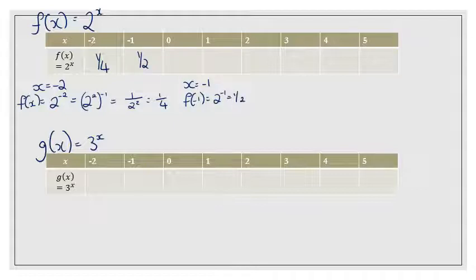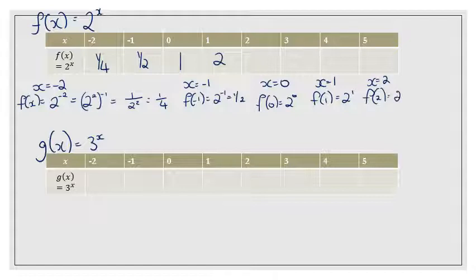When x equals 0, f of 0 is 2 to the power of 0, and as we know from our index laws, anything to the power of 0 is 1. Then x equals 1 leaves us with 2 to the power of 1, which is simply 2. Then x equals 2 is 2 squared, which is 4. And we can keep this going and you'll get 8, 16, 32.